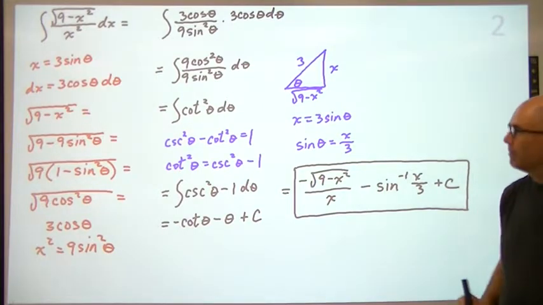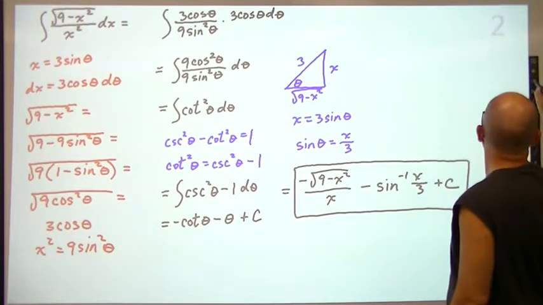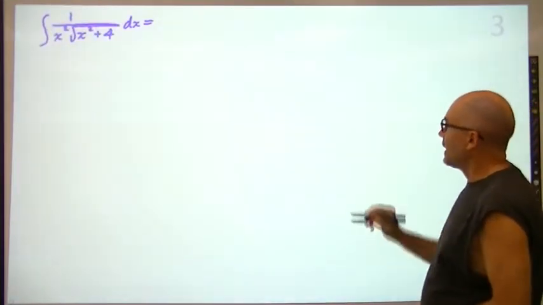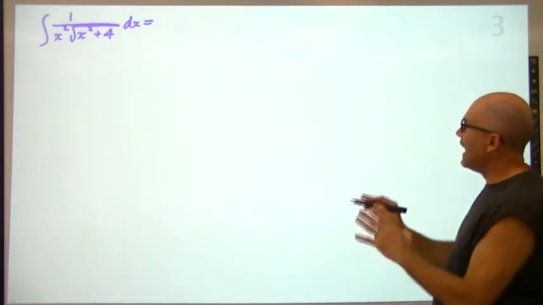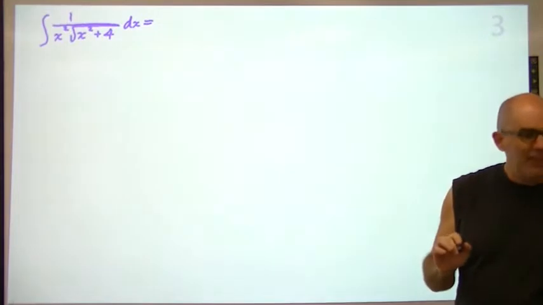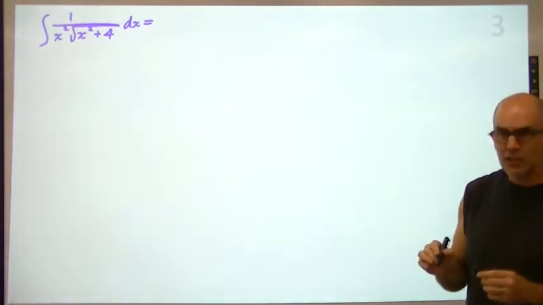All right, let's try another example. This time, we have an a squared plus x squared. So we can't use the sine, we have to use the tangent.